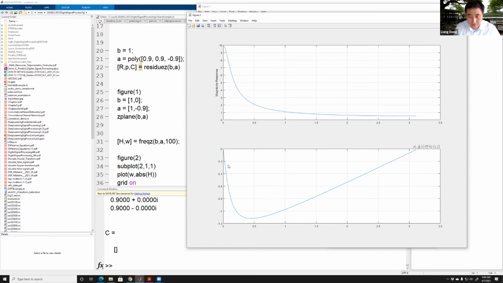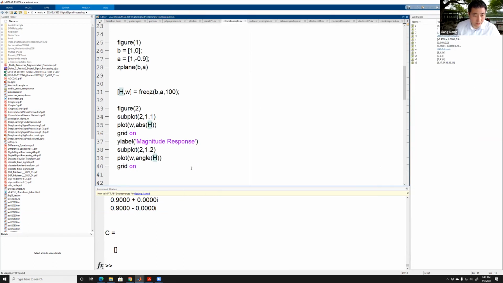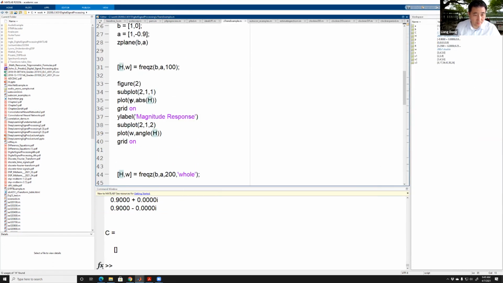The bottom picture, now we can talk about this. What is that? That's the phase of my output H. If you look at this Matlab code, on the second subplot I plot the angle of H, which is the phase, right?